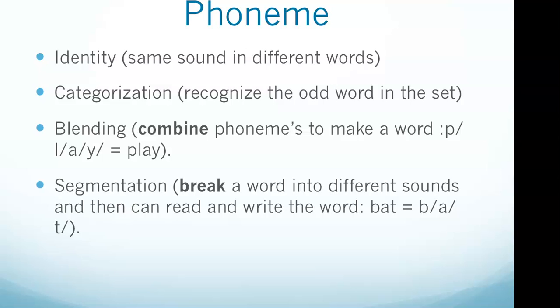And segmentation is when children can break a word into different sounds and then can read and write the word. The example here is bat. With these four, you could imagine how a multiple choice question might show up. For example, when children recognize the odd word in the set, is it identity, categorization, blending, or segmentation? So we want to be familiar with all four of these.